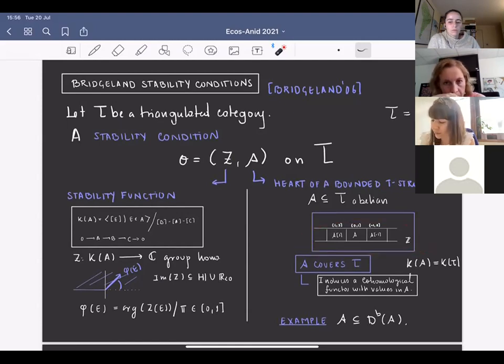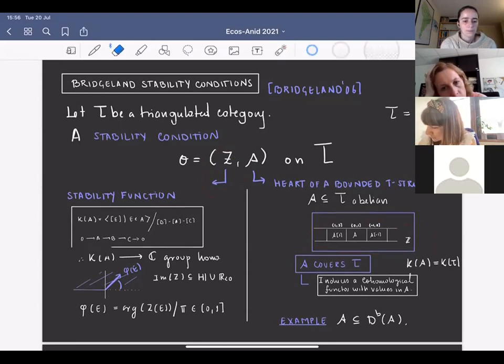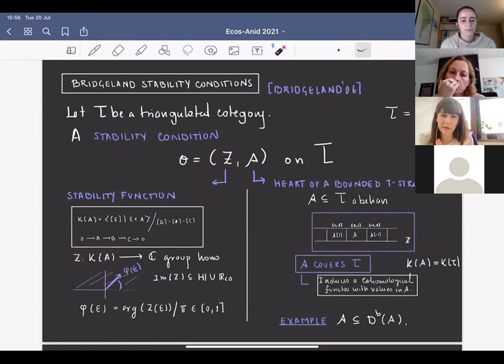And the second component of a Bridgeland stability condition is a stability function. That is a group homomorphism from the Grothendieck group of A to C. The Grothendieck group of A is the free abelian group generated by the isomorphism classes of objects of A up to short exact sequences.